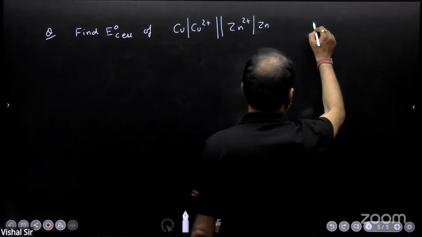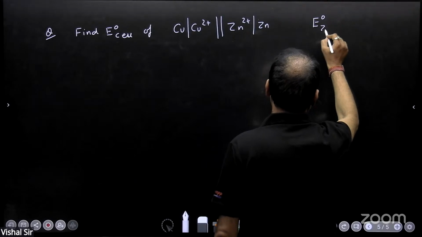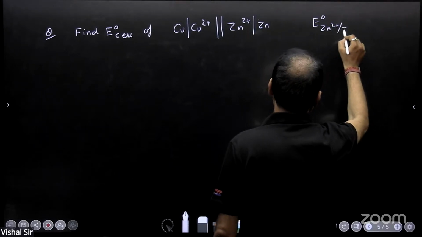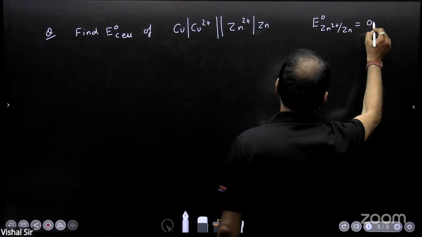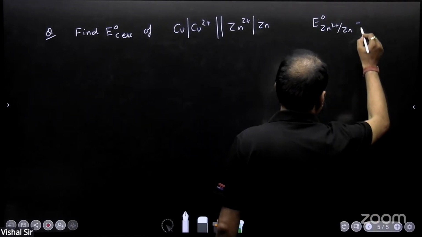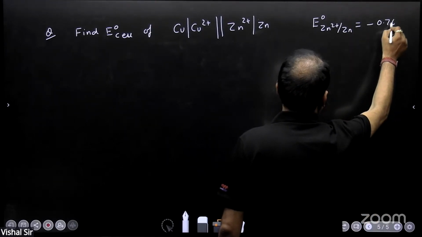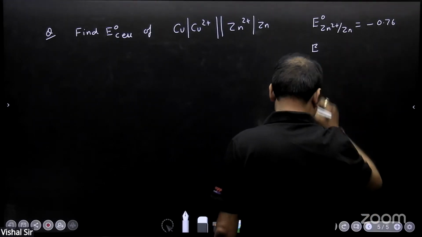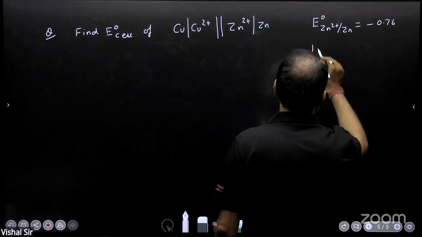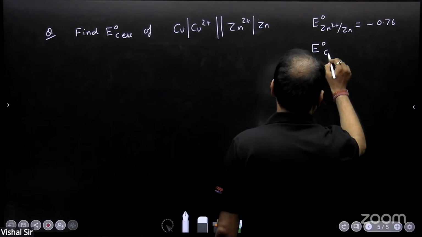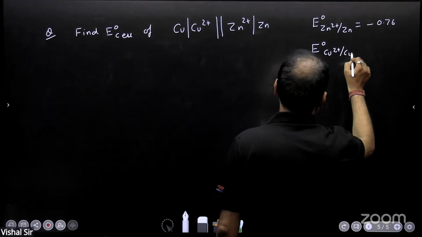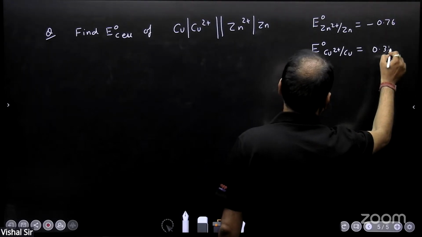And we are given the reduction values, SRP of Zn2+/Zn is -0.76 and Cu2+/Cu is 0.34.